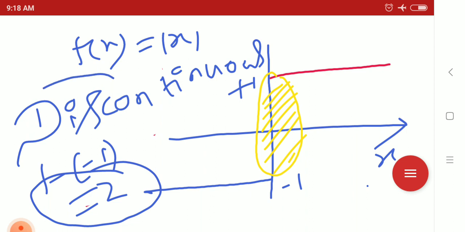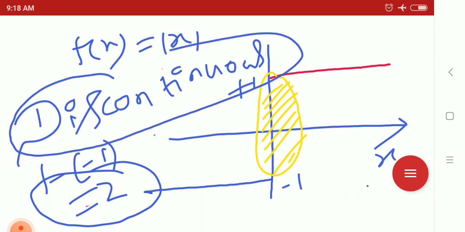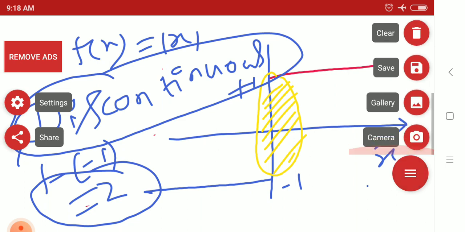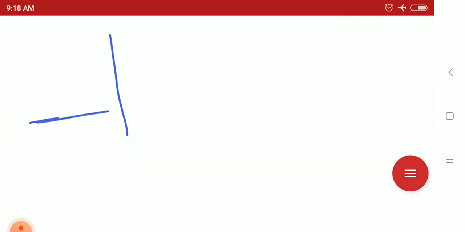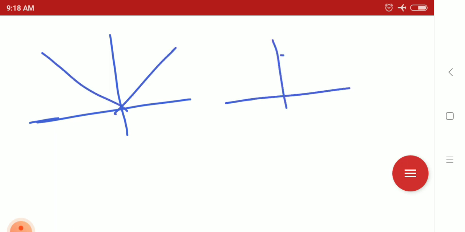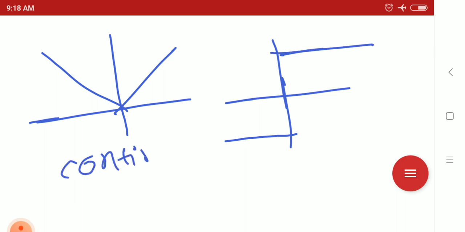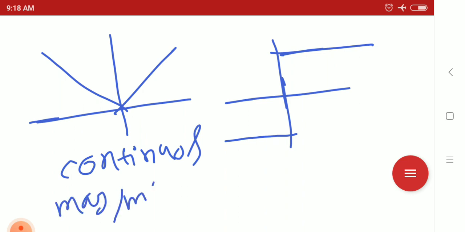So let's do it correctly. This is x equals 0, and this is x equals 1. At x equals 0 it is continuous, so it may or may not be differentiable.